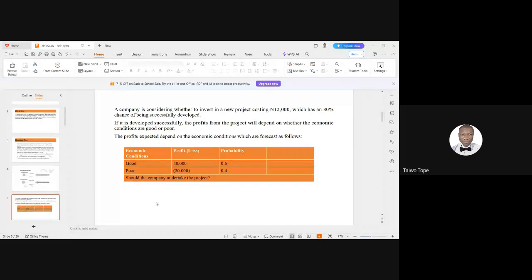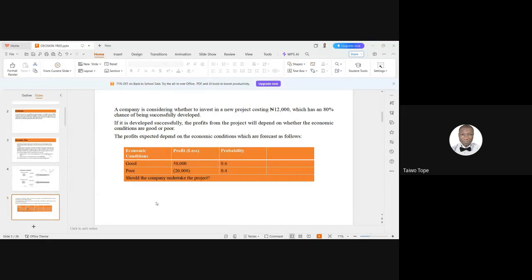So the profit expected depends on the economic conditions, which are forecast as follows. We have two economic conditions: when the economic condition is good and when it is poor. The profit when it is good is 50,000, and the loss when it is poor is 20,000.